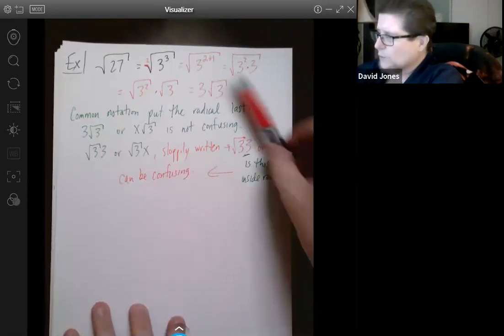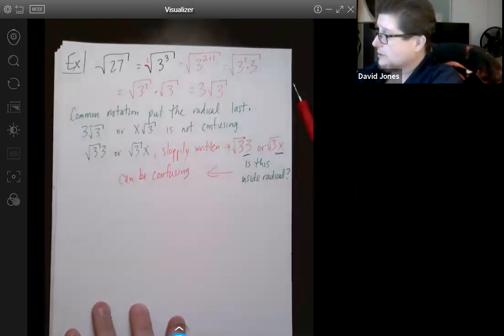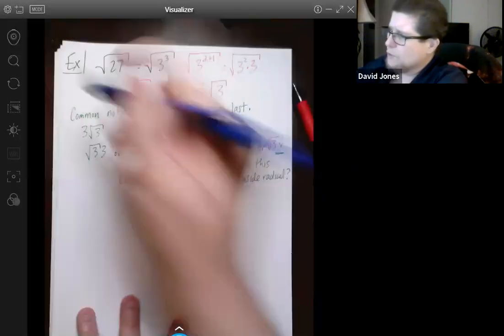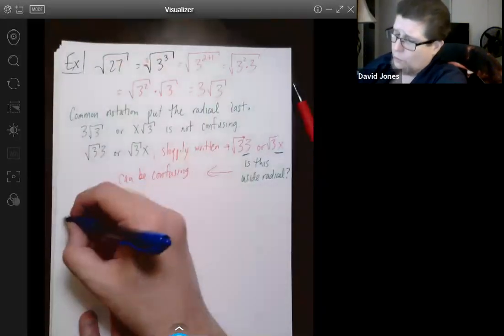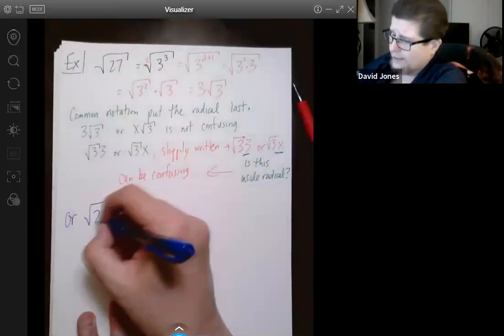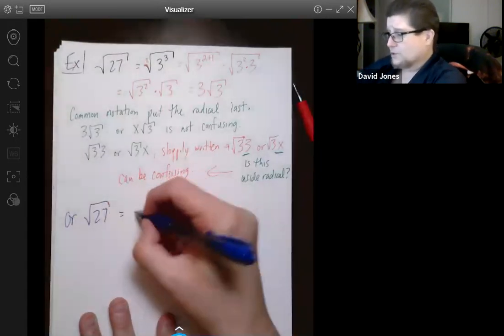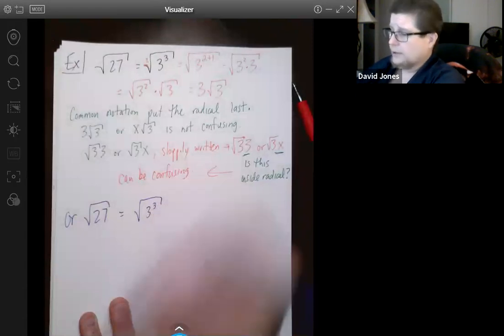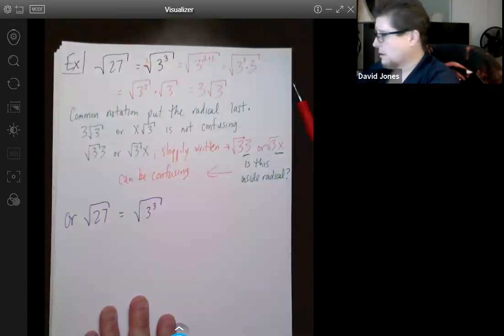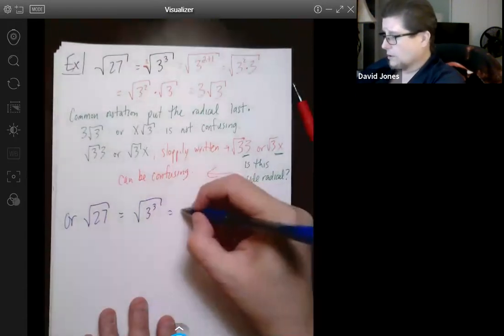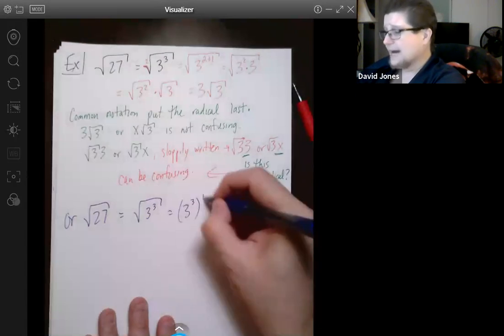This was just one way of doing this approach. I do want to point out also, we could do square root of 27 is the square root of 3 cubed, or 3 cubed to the 1/2.